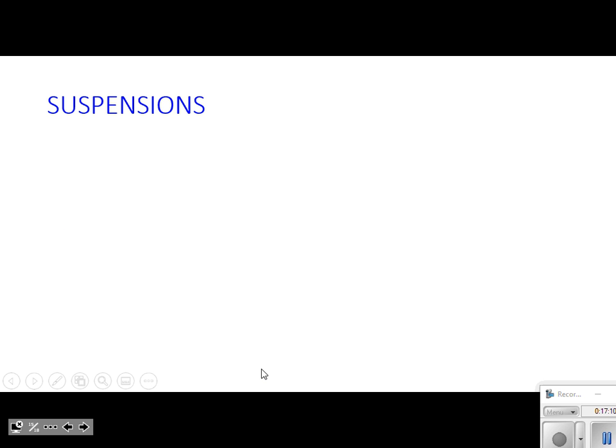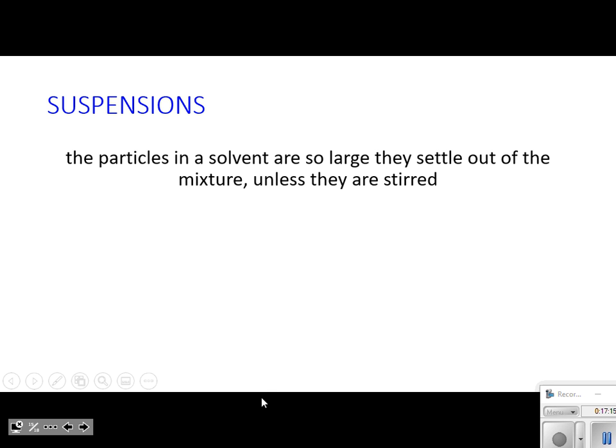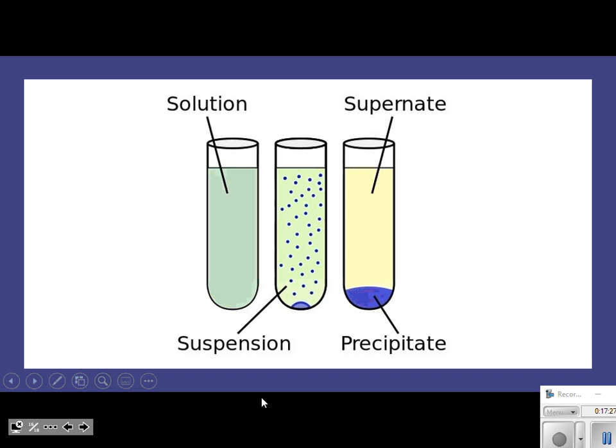A suspension. This is where the particles in the solvent are so large that they settle out of the mixture unless you keep stirring it. The particles are so large that they settle out. So if you look at this picture right here, here is a solution.